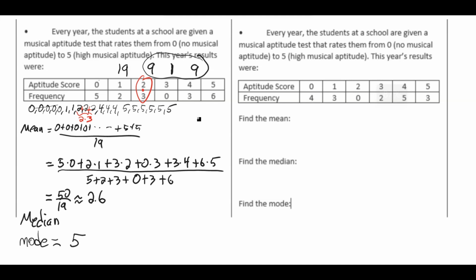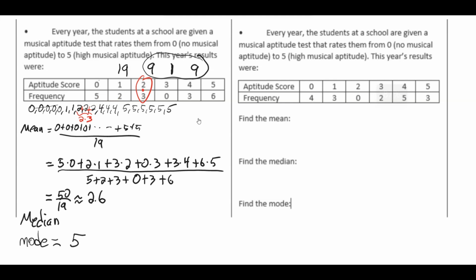That makes 19. So we want to go 9, 10. The 10th one in should be the median. 5, 6, 7, 8, 9, 10. The 10th one will be a 2.